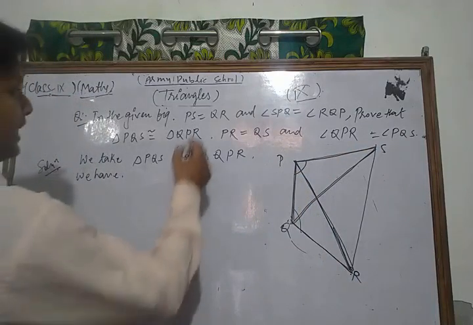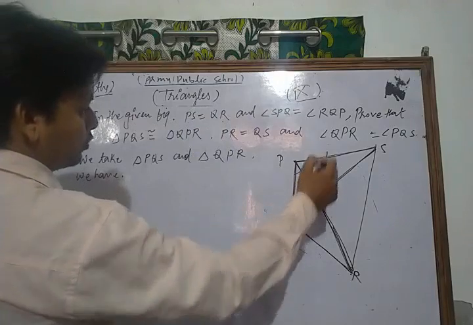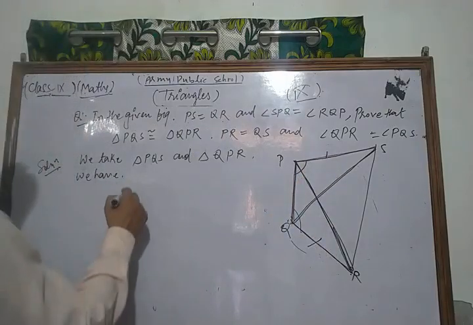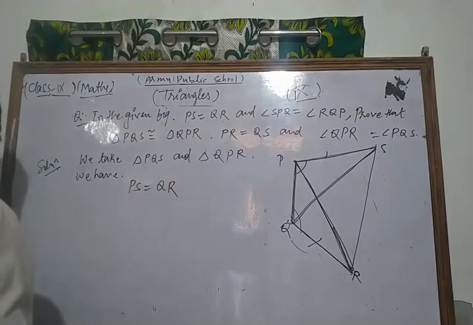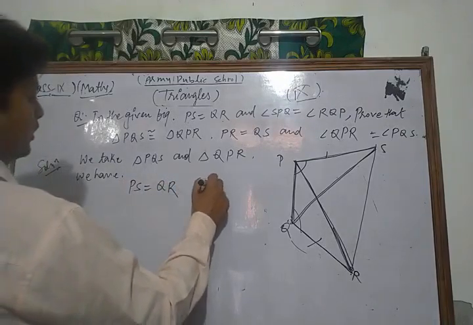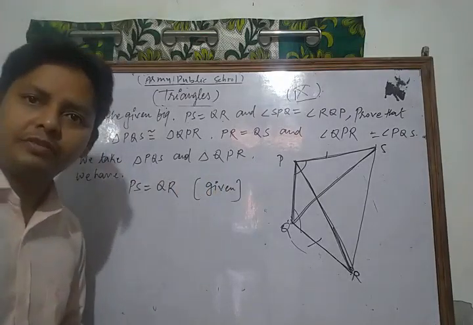We have side PS is equal to QR, which is given. This is given in our question.